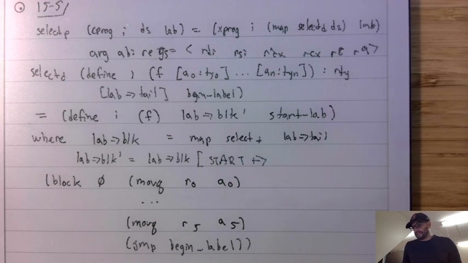So next we need to talk about actually selecting for a call and selecting for a tail call. I guess those are the things that we need to do. So that would be 15.6.